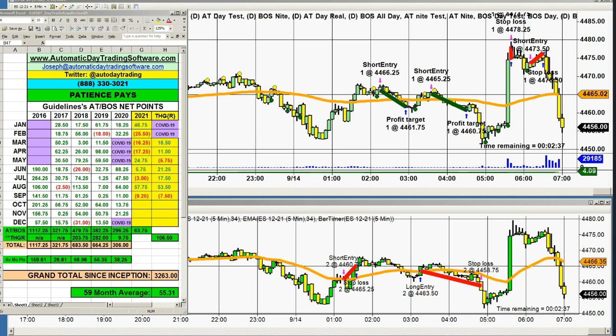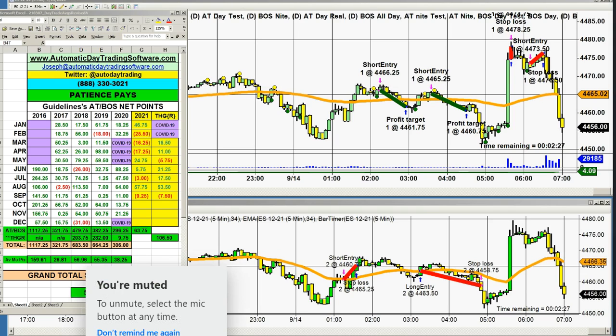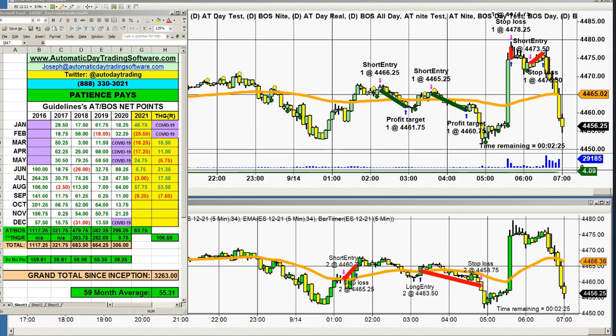So we're starting out very similar to last month. We started out in the hole, and then we climbed out of that hole. It took us about half the month to climb out of the hole. We were on ATBOS minus 27.